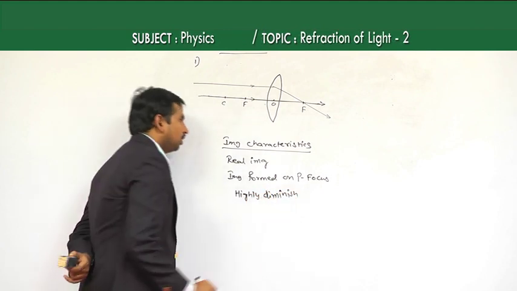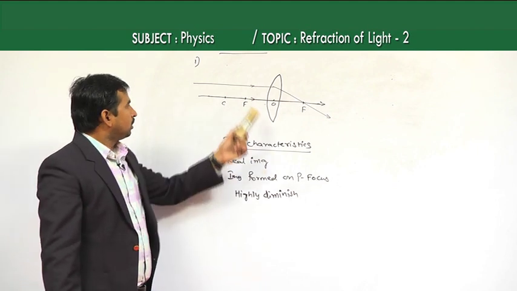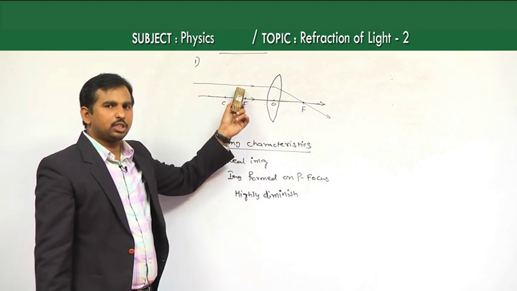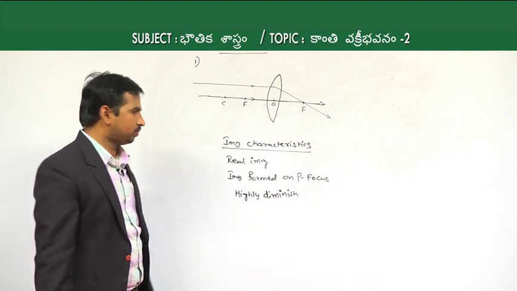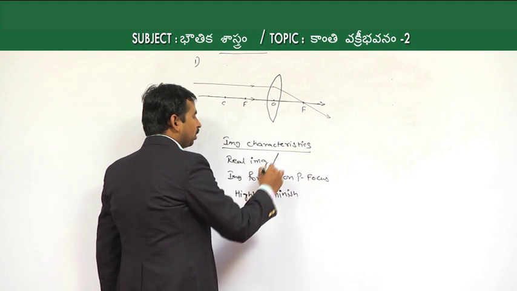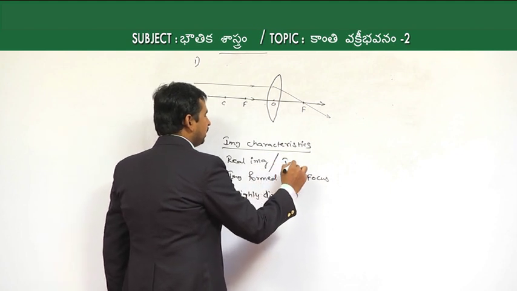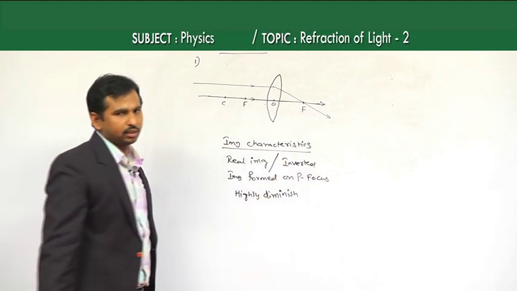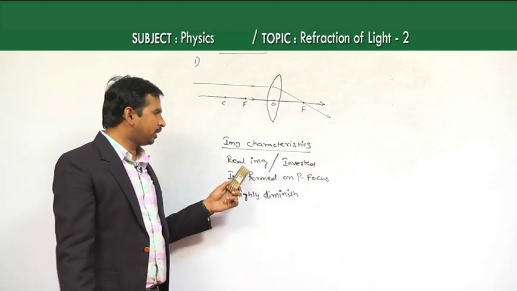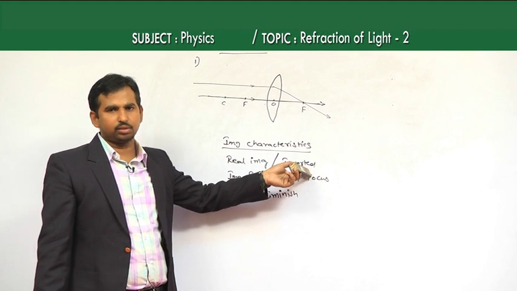And we have seen that the light rays which started above the principal axis, after refraction the light ray is going below the principal axis, which means that the image formed is an inverted image. That is an inverted image. And we already know that all real images are always inverted images only.